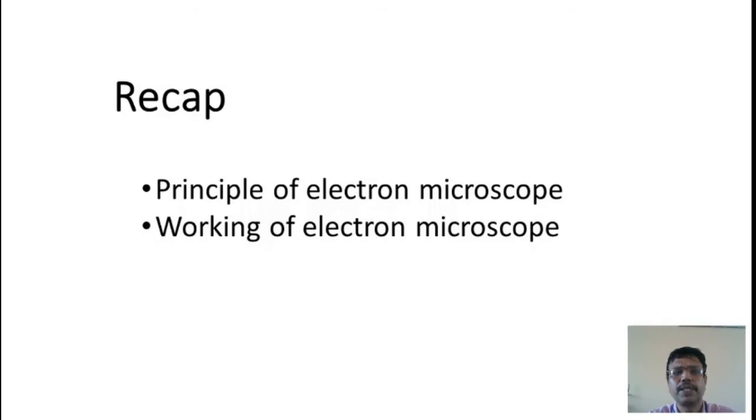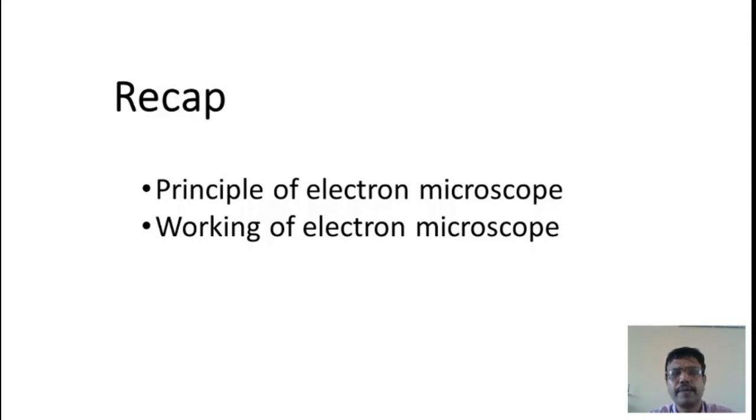And you know the expression for λ. λ is equal to h by square root of 2meV, where h is Planck's constant, m is the mass of electron, e is the electronic charge, V is the potential difference between cathode and anode. So this is the principle of electron microscope. Whenever the electron beam is accelerated by applying high potential difference, its wavelength decreases, so resolving power increases.